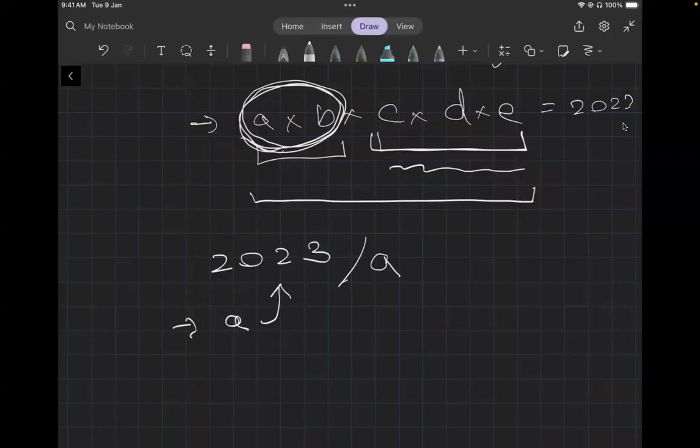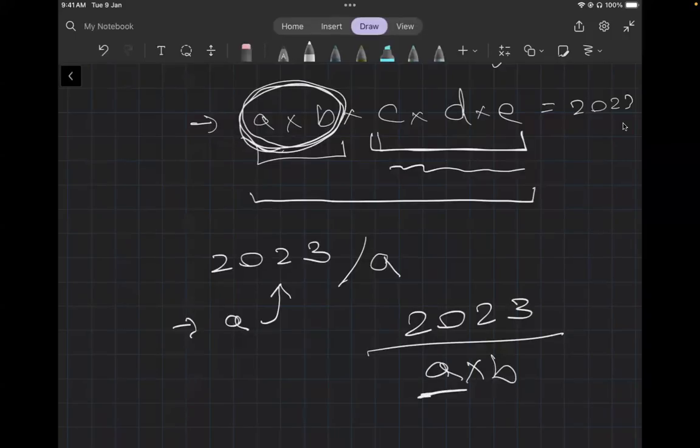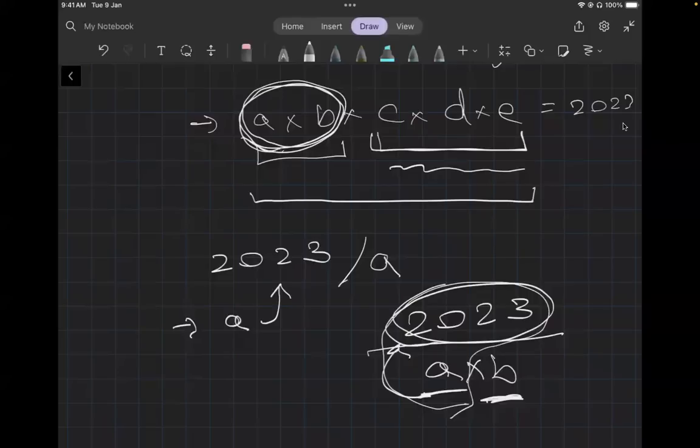Then I will move on to B. Basically, I want to find 2023 divided by A into B. I am doing it one at a time. So first I'm dividing A, then I'm dividing B. First I'm checking that whatever numerator I have, is it divisible by A? If it is divisible by A, then I am dividing it by A. After that, I'm checking it for B, and so on and so forth.